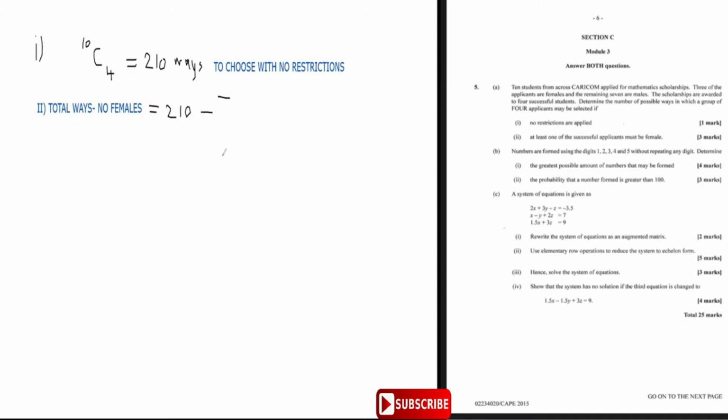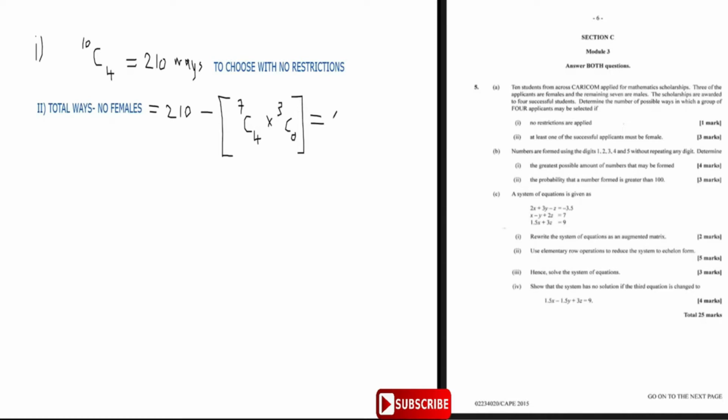To have no females means we would be choosing 4 applicants from how many boys? That is 7 boys. So we're choosing 4 from 7, times choosing no girl from 3. That would give us the number of ways of choosing at least one girl.